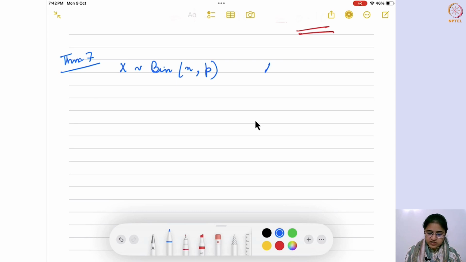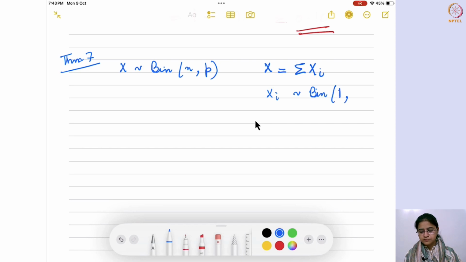So you can think of x basically as the summation of the xi's, where each xi follows binomial with parameters 1 and p, which is the same as saying it follows Bernoulli with parameter p.